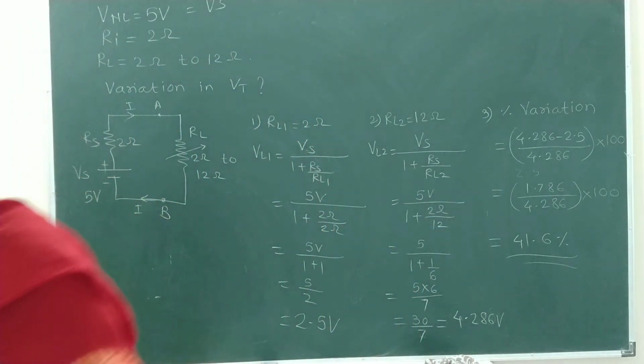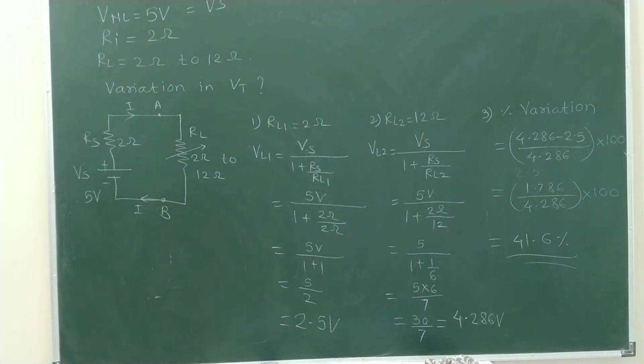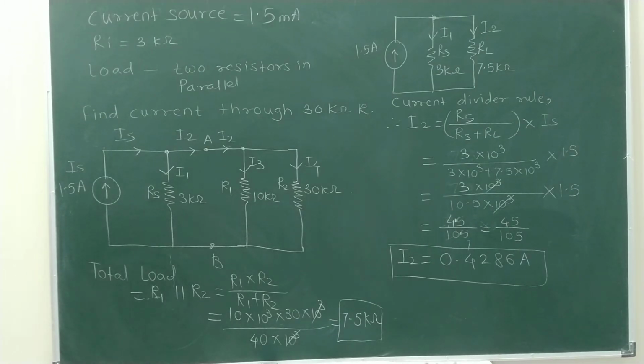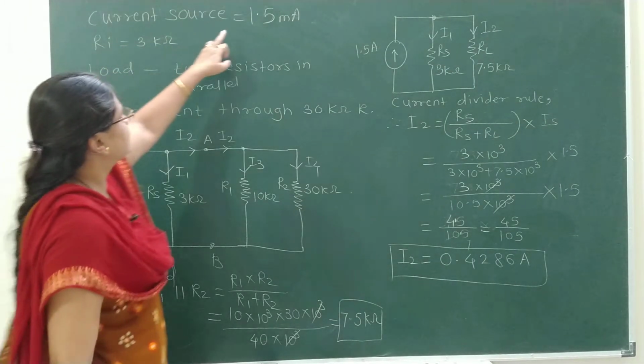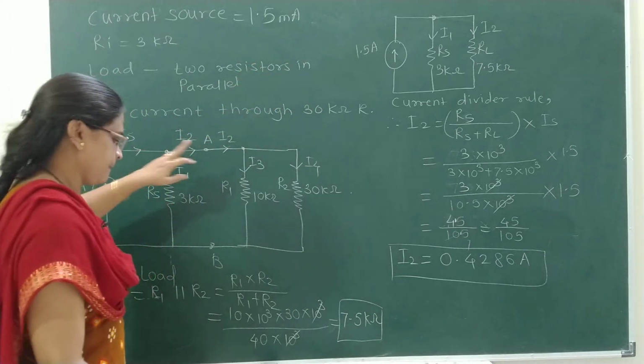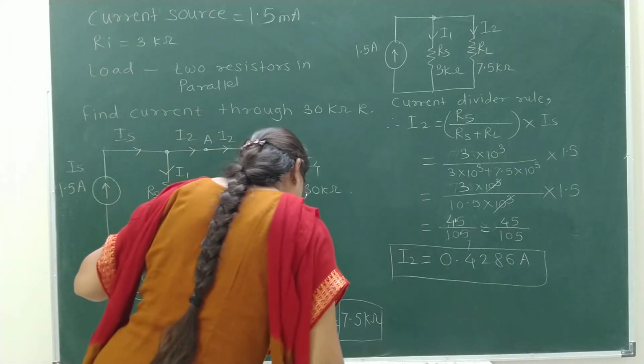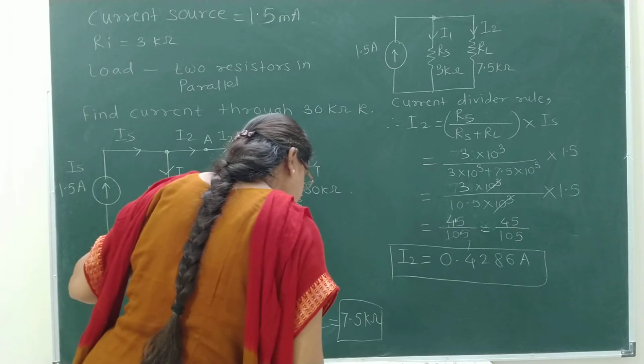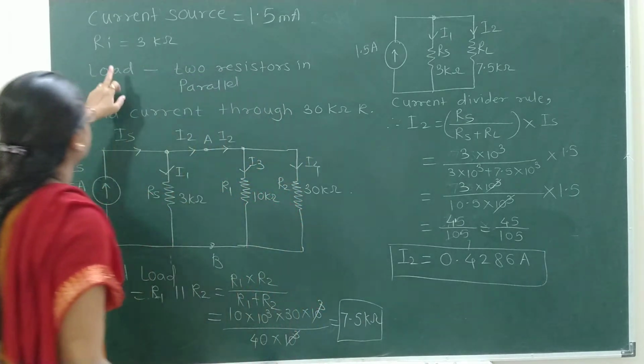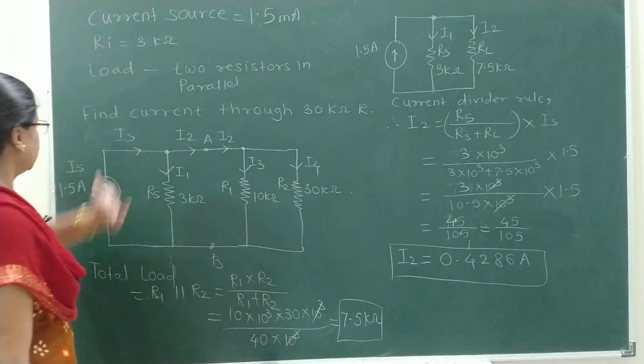Let's try another example. In this problem statement, the current source is given as 1.5 milliampere and Ri of 3 kilo ohm.